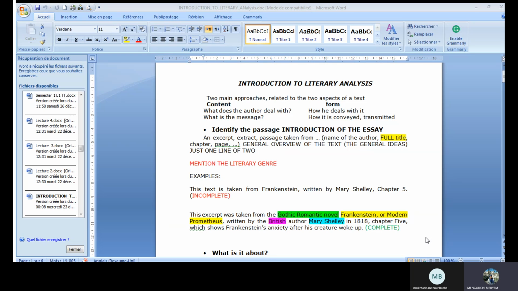So you are certainly going to find an indicator that will help you understand or find out the origin of the text. For example, if you see the name Victor, Victor is the protagonist in the novel Frankenstein. Or you see the word the beast.